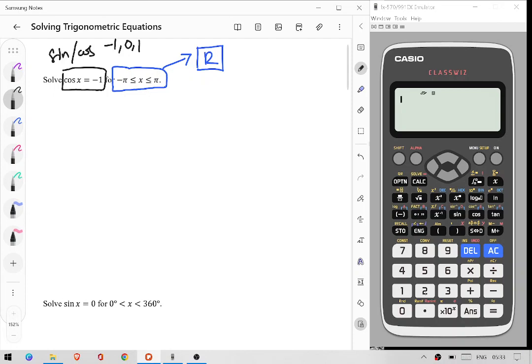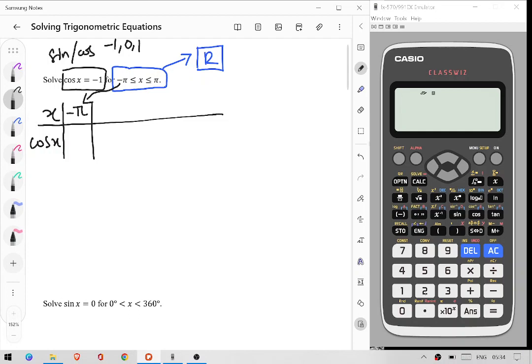So how are we going to do with the easy one? We just do the table. The table must have the value of x and the value of cosine x that we calculate individually with the calculator. We start the value of x with the least value of the interval, which is minus pi.